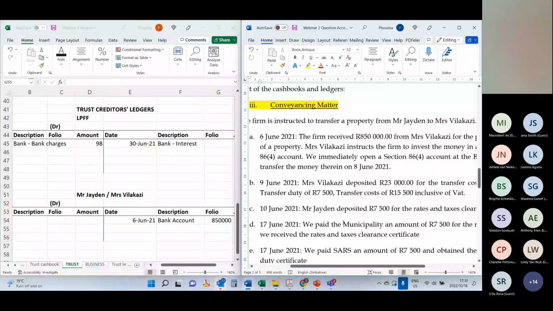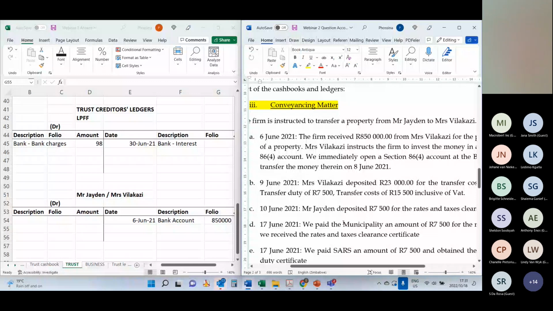So you come back to your trust account, you have to be switching from one end to the other. It's our ledger for Jaden and Vilakazi, and then we are paying into a Section 86.4 account, just like that. And how much are we paying? We're paying everything to that account.